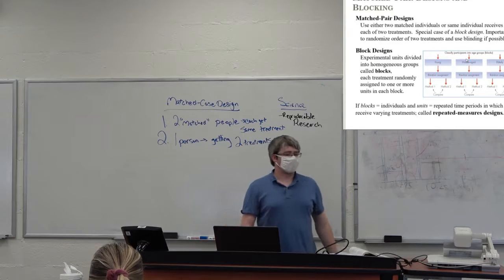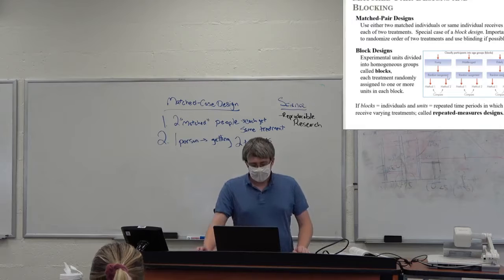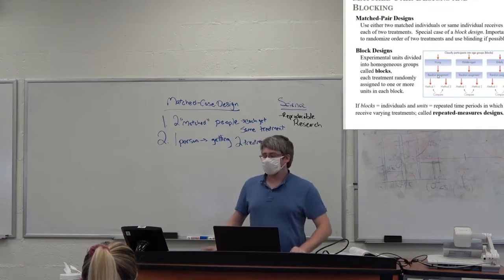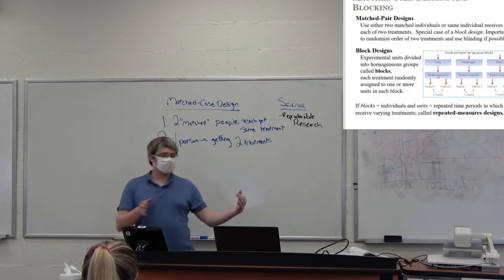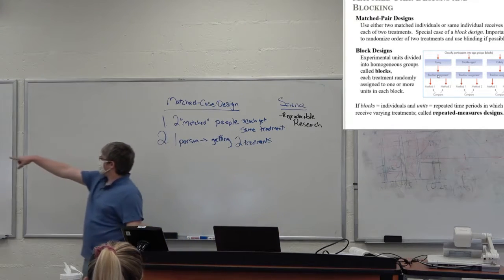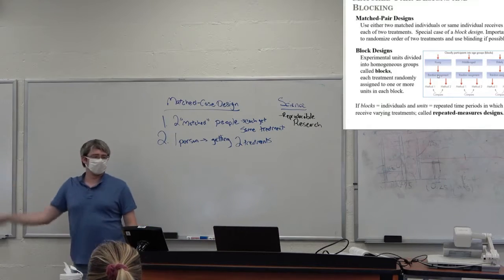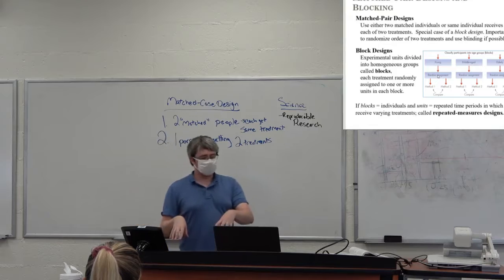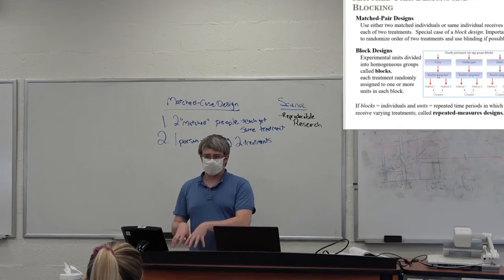And so if you think about blocks, it's the separate groups of people who are receiving each treatment. And so based on random assignment, people within each receive methods 1 and 2, and then you compare within. So you're not comparing method 1 of young to method 1 of middle-aged. You're comparing method 1 to method 2 within young, within middle-aged, within elderly.